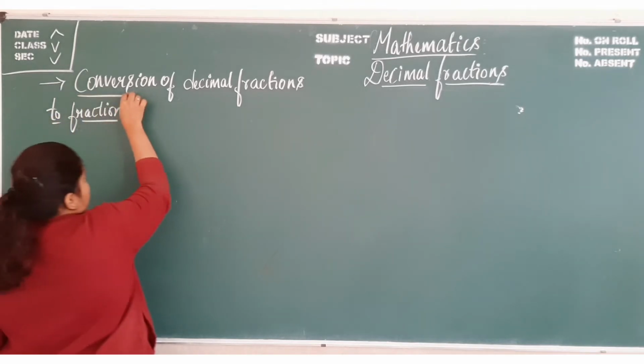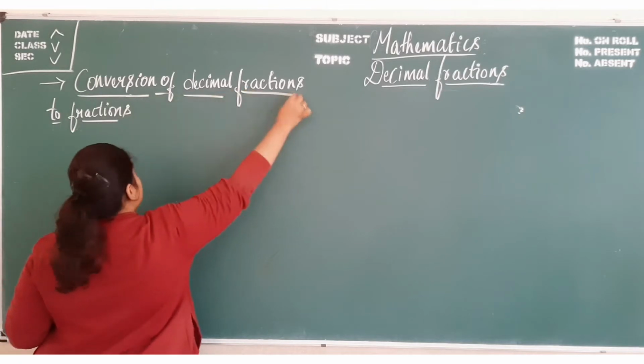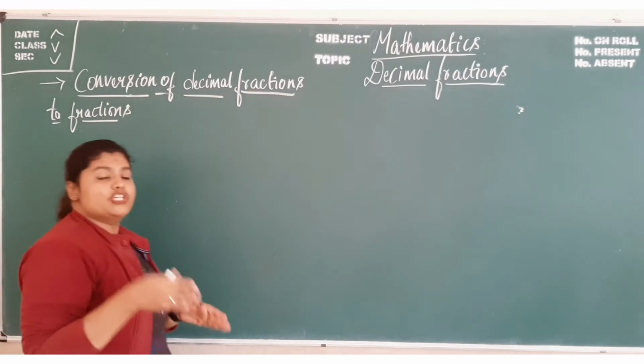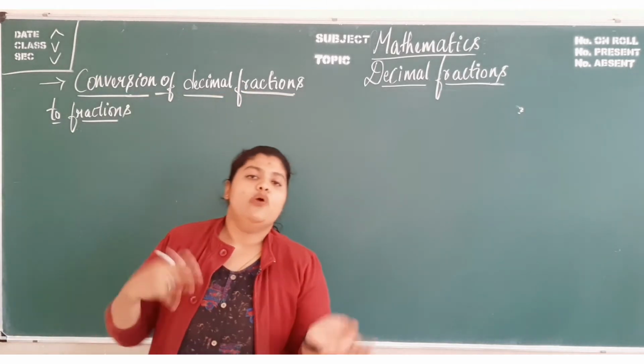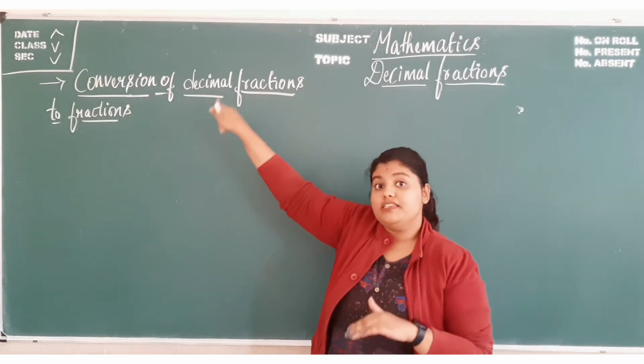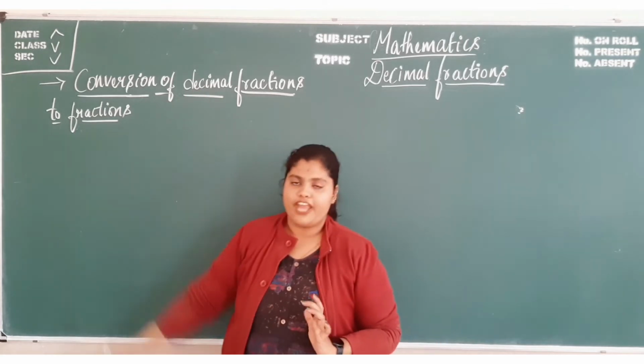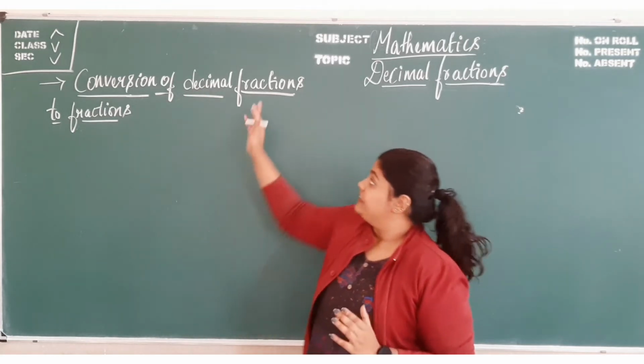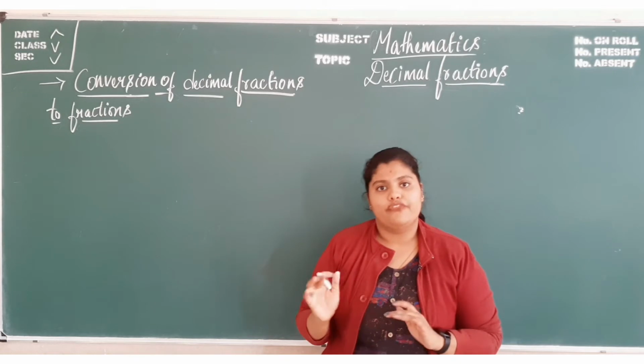So in the previous one, what we did, we just converted the given fraction to a decimal fraction. Now we are doing the opposite. So now we are converting the decimal fraction to a fraction.